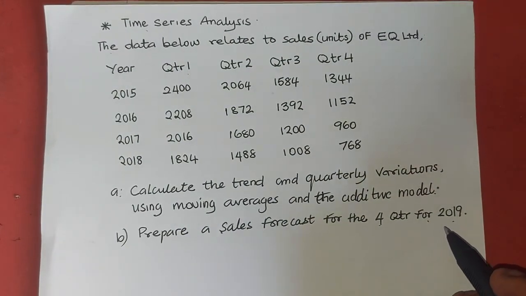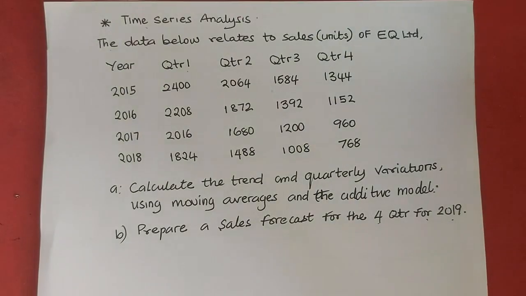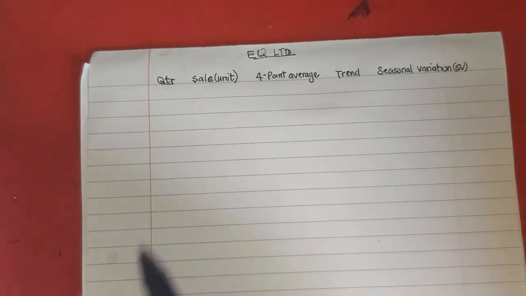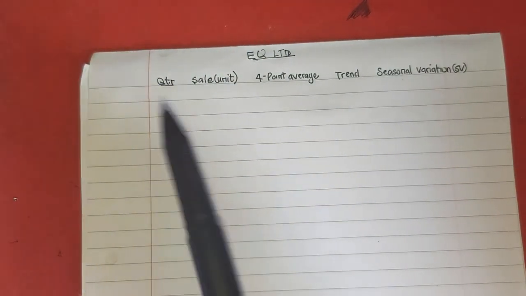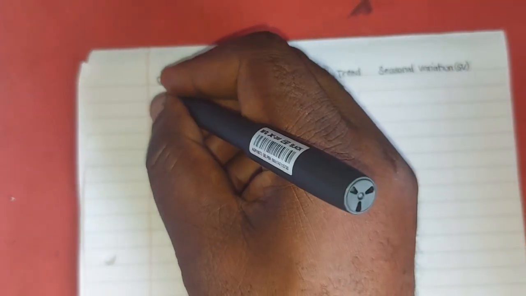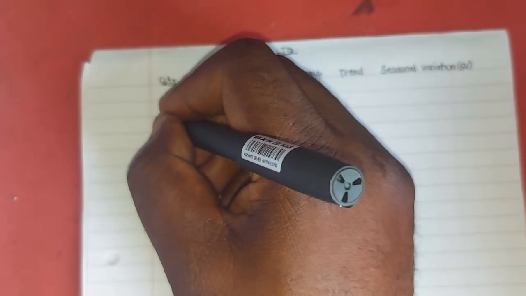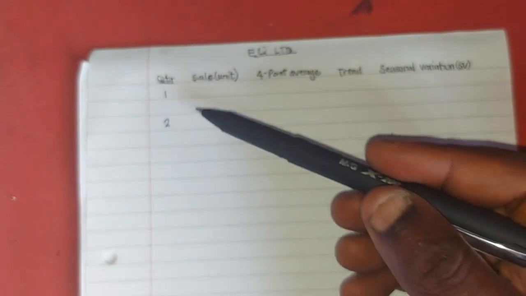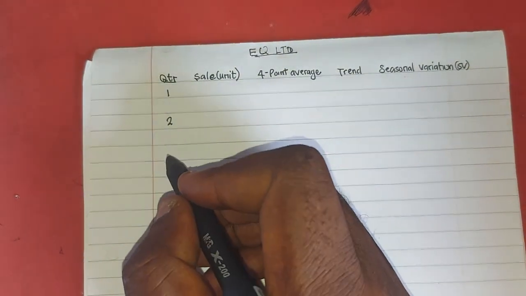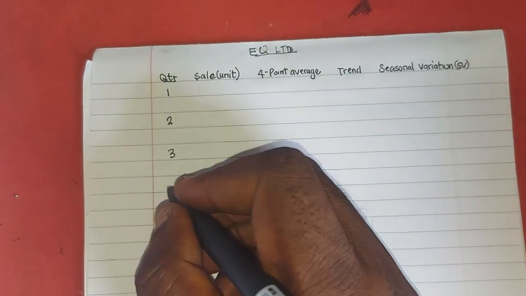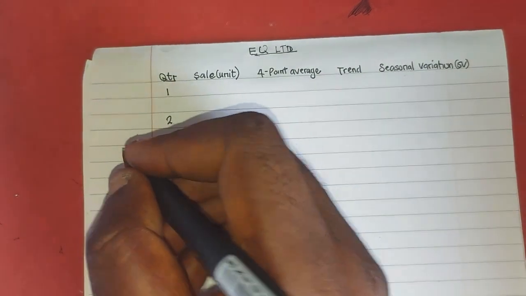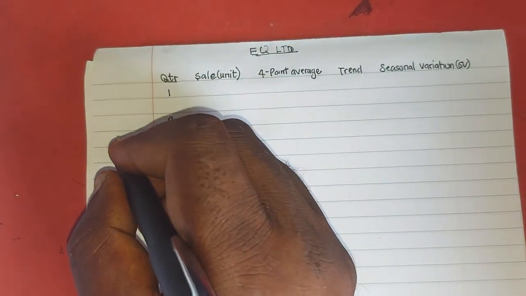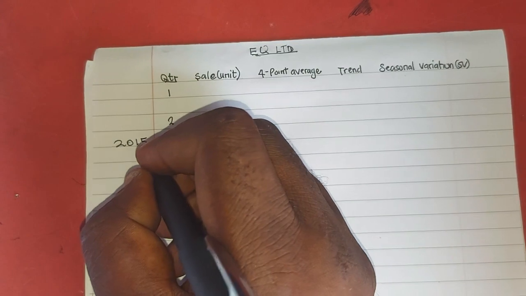All right. To start with, you have your table as follows. The quarter, so we have for each year, quarter 1, quarter 2. As you can see, I'm leaving a space. Quarter 3, quarter 4 for 2015.